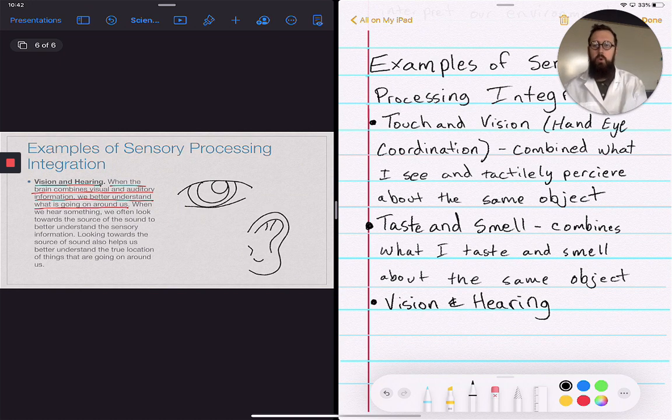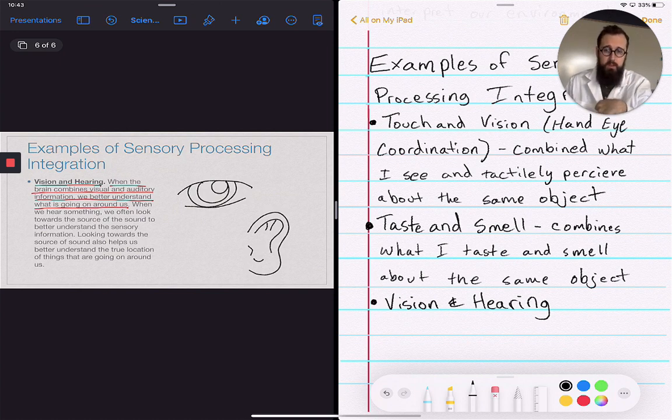Looking towards the source of the sound helps us better understand the true location of things that are going on around us. The example, I think, is I hear the ice cream truck coming around the block, but I do not know where it is. So I start looking around for it, trying to process where that sound is coming from so that I can taste some delicious ice cream.